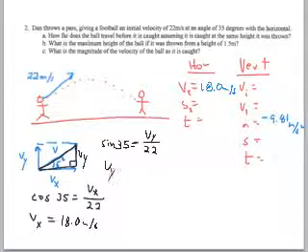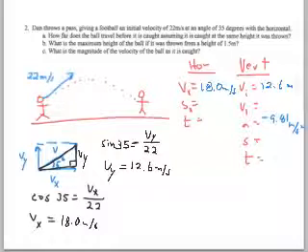So V sub y is 12.6. Once again, we can go to 3 sig figs. If you want to go to 2 sig figs, probably better. But where does that go in the table? Well, that goes into V sub I vertical. That's 12.6. And it's important that that's positive, because the ball is being thrown in the upward direction.